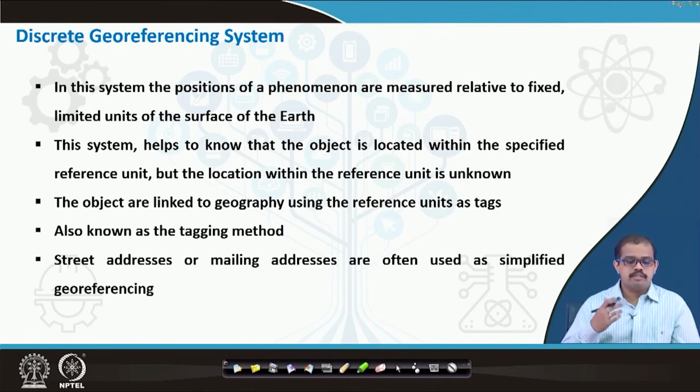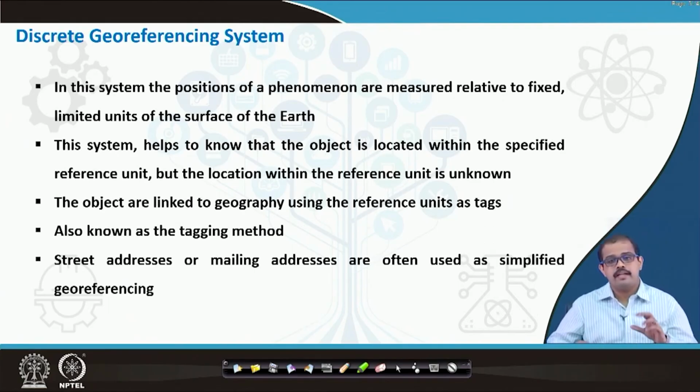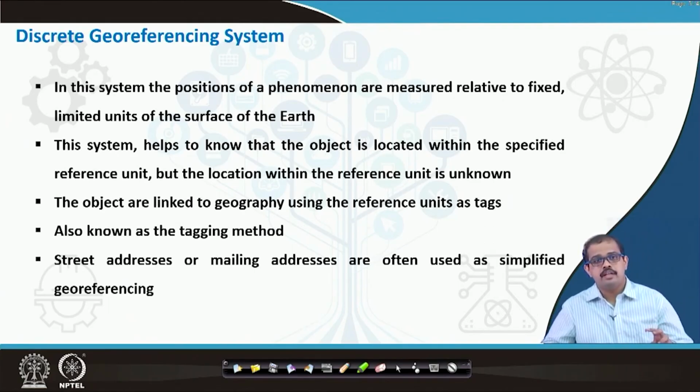The system helps us to know the object is located within the specified reference unit, but the location within the reference unit is unknown. This is the problem of discrete referencing.